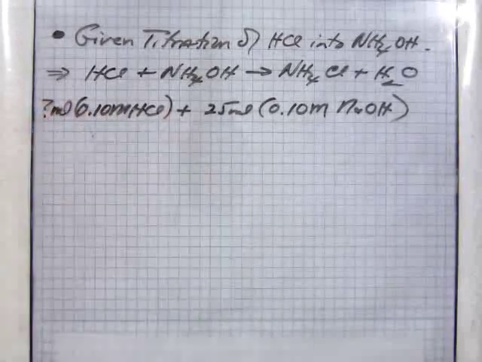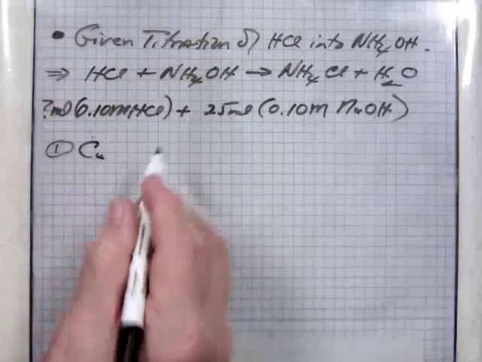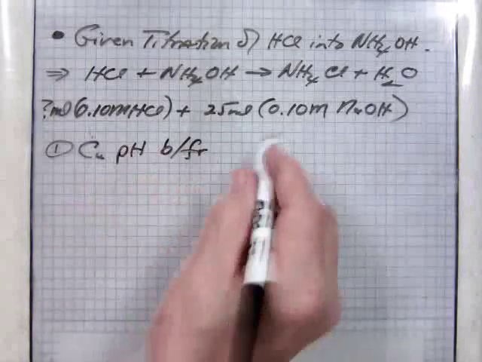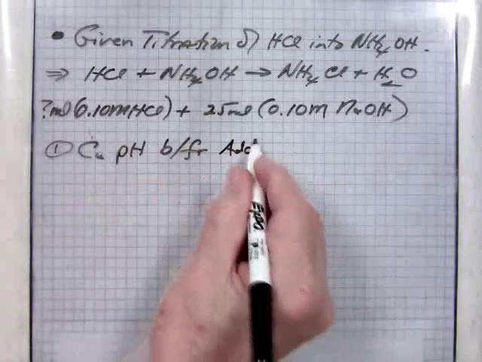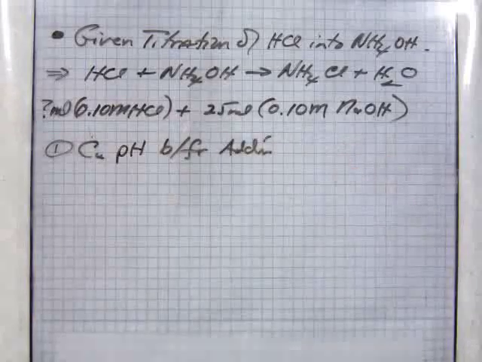And as you go along, now, you've got to calculate pH before additions, and remember that's a square root formula for hydroxide.